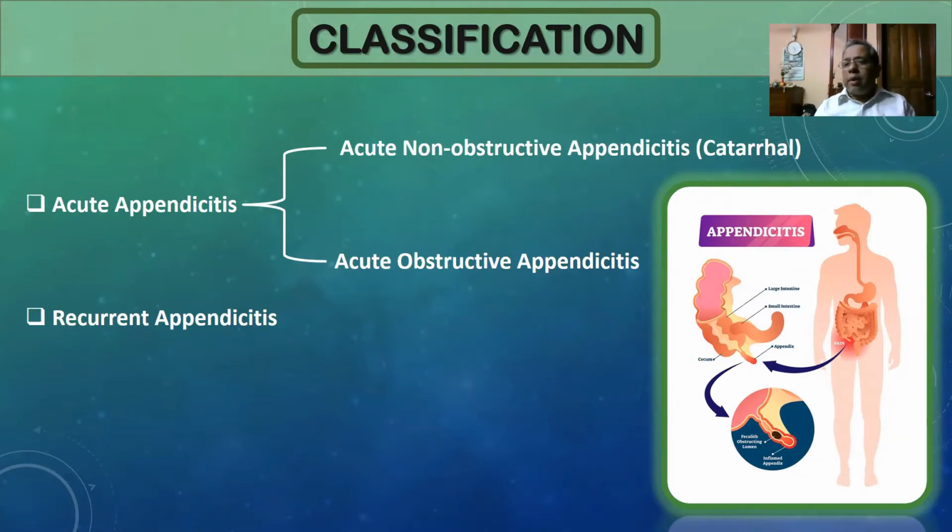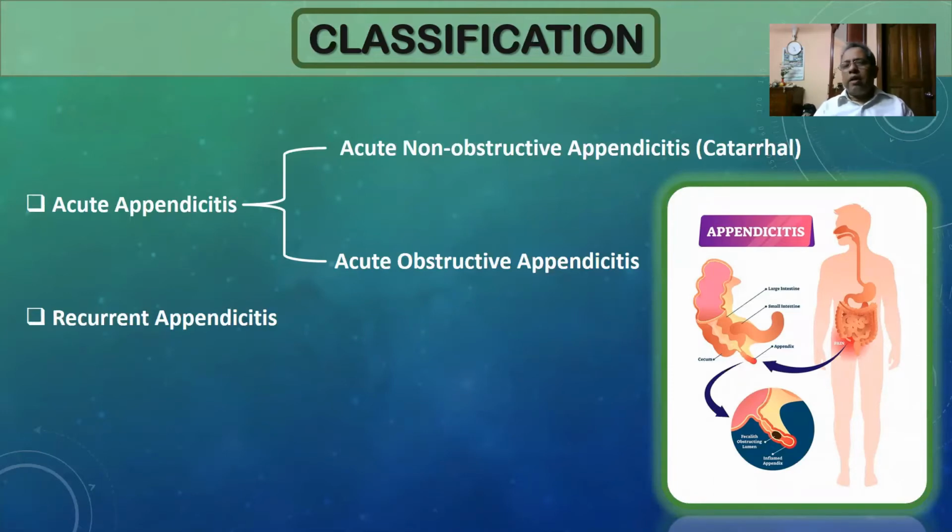Acute appendicitis has two varieties. One is acute non-obstructive appendicitis, which is called catarrhal appendicitis. Another one is acute obstructive appendicitis. Whenever the lumen is obstructed, causing inflammation and infection, it is called acute obstructive appendicitis. The other is recurrent appendicitis.